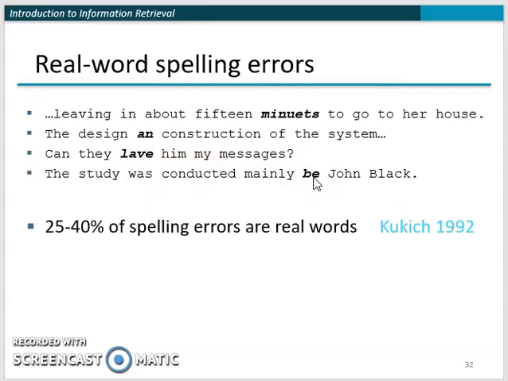A study shows that out of all the spelling errors, approximately 25 to 40% are actually real word spelling errors. This would actually depend upon the type of application. Depending upon the application, real word errors could be a quarter of the total or up to 50%, or half of the total.